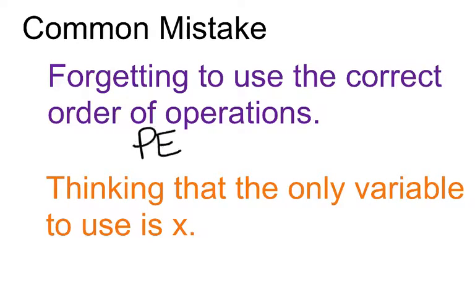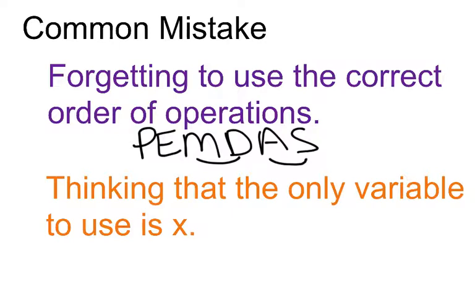We remember again PEMDAS, and there are a few mistakes that people make when completing the order of operations. Sometimes they go out of order, but one of the most common is multiplication and division. Some students don't use them interchangeably from left to right. Sometimes students will do all the multiplication, then division, and take PEMDAS too literally. Same with addition and subtraction.